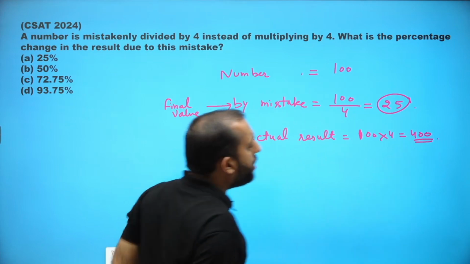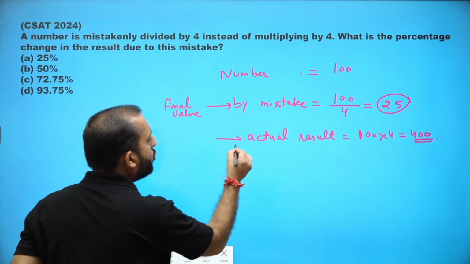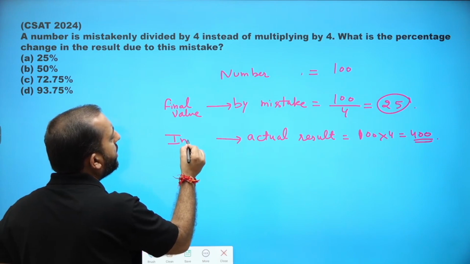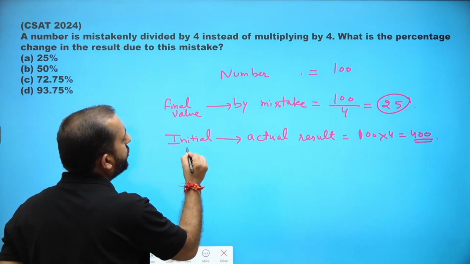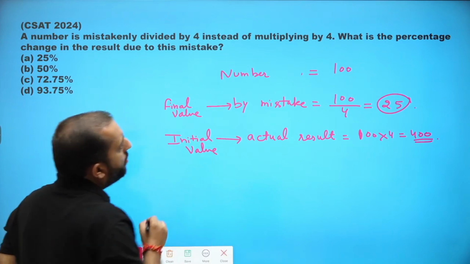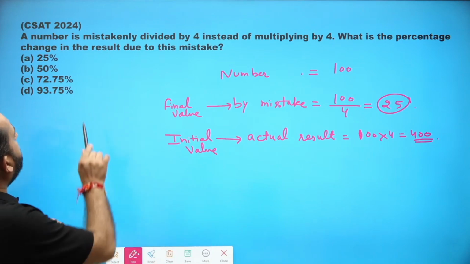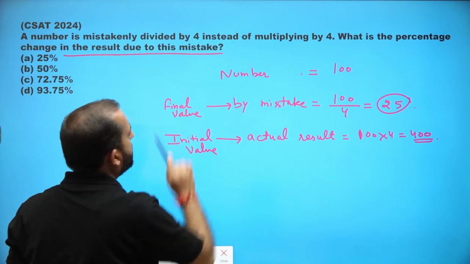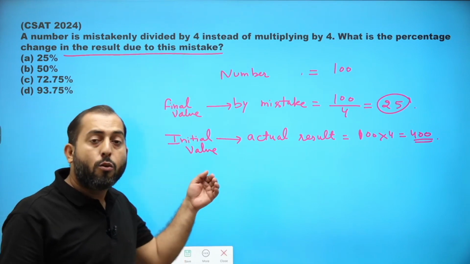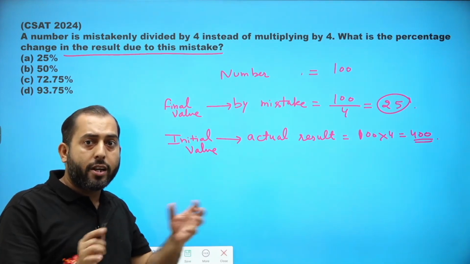This should be the actual result, meaning this should have been done in the very beginning. It means it should be the initial value. What is the percentage change in the result due to this mistake? So because of this mistake, what is the percentage change?